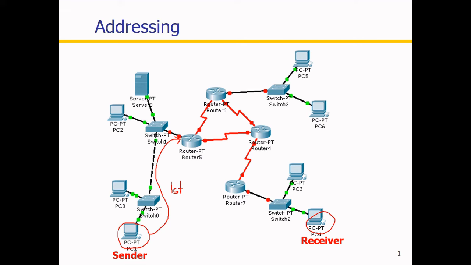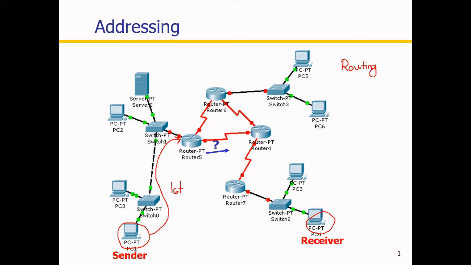Now, for the second jump, the data can go from router 5 to router 6, and it also can go from router 5 to router 4. Since there are two different ways, which path is the data going to take? Every router has something called a routing table. I would like you to look up routing table on the internet.